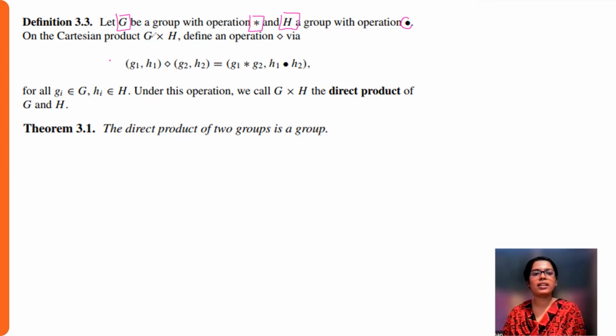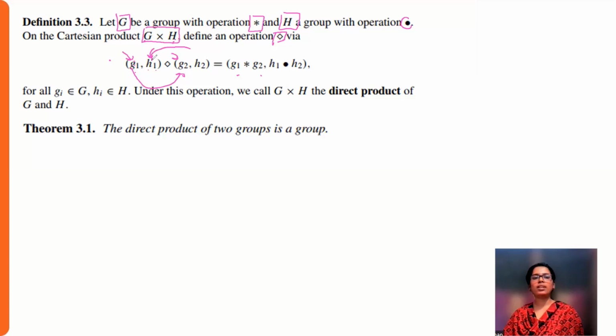Now, if we want to define the Cartesian product of these two groups, that is G cross H, it will be defined by a new operation, this diamond shape, on elements G1 comma H1. Here G1 is an element of the group G and H1 is an element of the group H. If we compose these with the other two elements, G1 will compose with G2, and we know the operation defined on G is star, so we get G1 star G2.